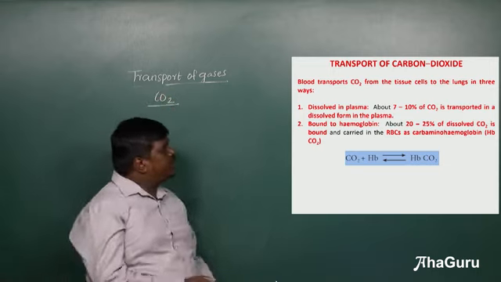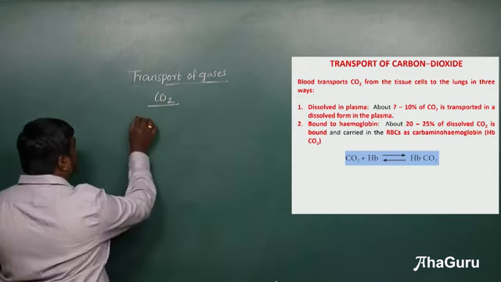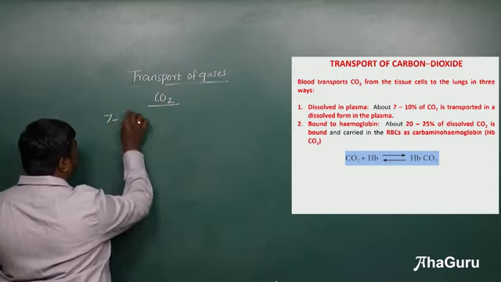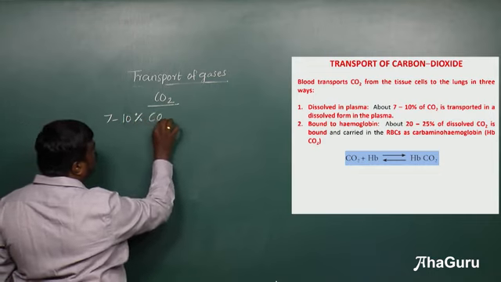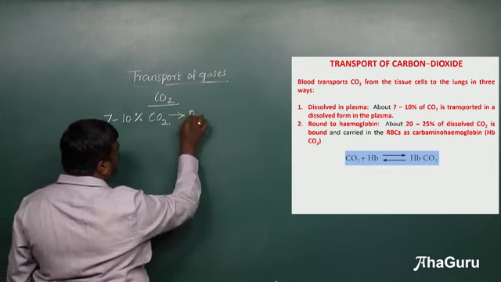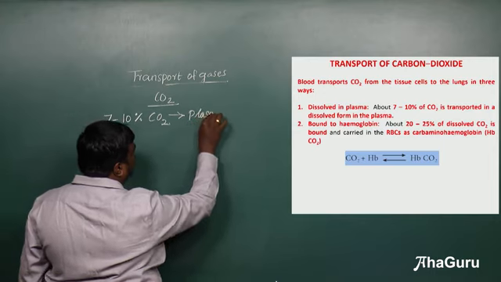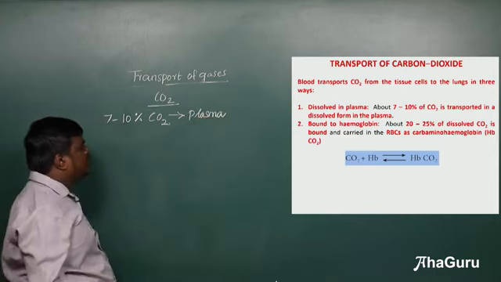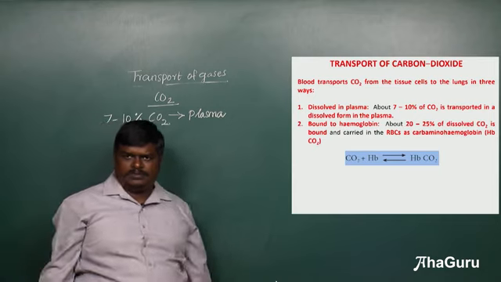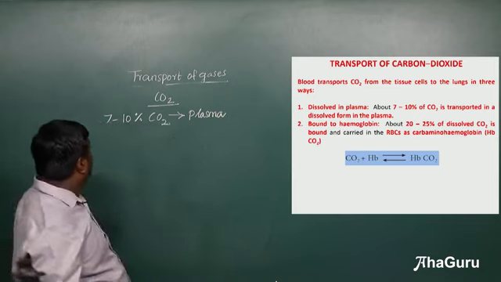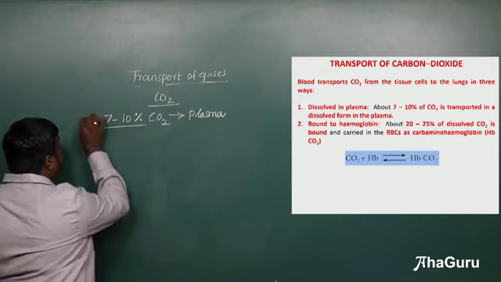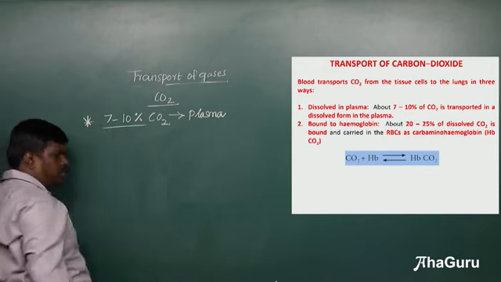For example, 7 to 10% of CO2 is transported with the help of plasma, the fluid part of the blood, in the dissolved form.